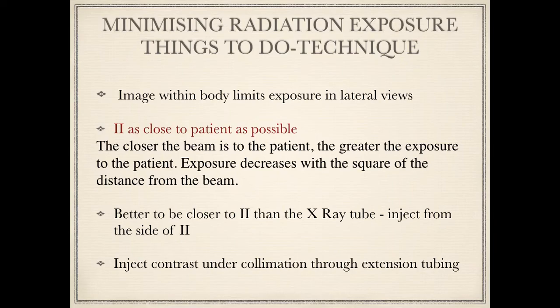Then simple things in your technique, like keeping the X-ray tube or the X-ray generator below the table, reduces the exposure for the patient and the other staff. And then keeping the top end or the image intensifier closer to the patient also helps reduce the exposure. Now, sometimes this becomes a problem because our needle, because our hand can kind of end up touching the image intensifier. So I normally try and keep it as low as possible, but not compromising the sterility of the procedure.